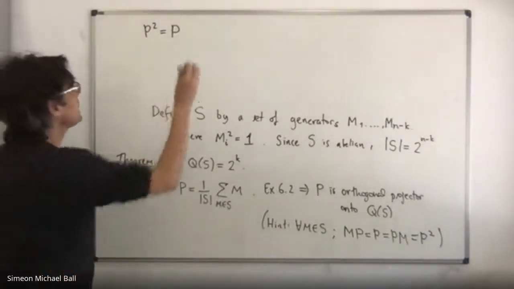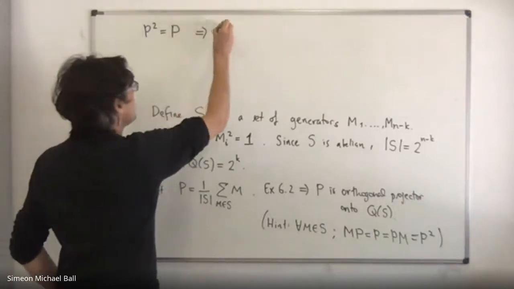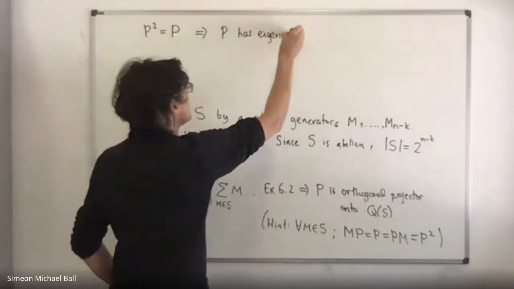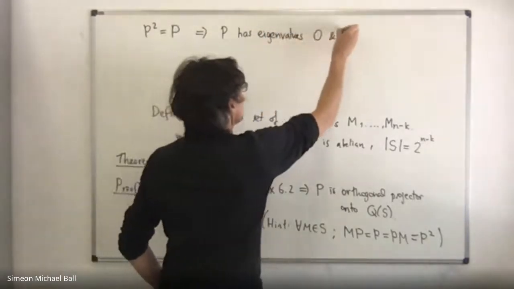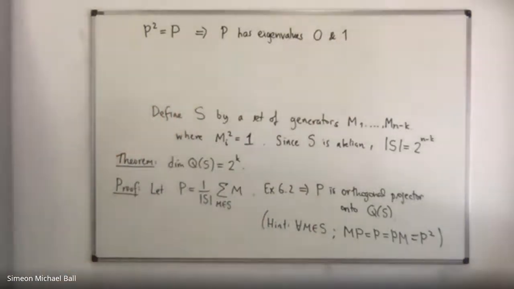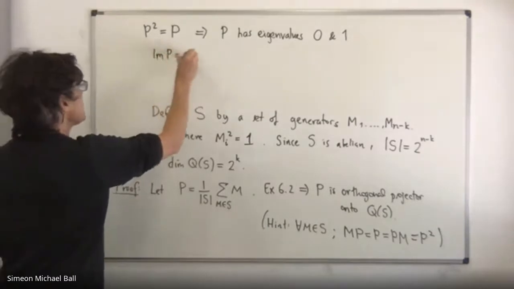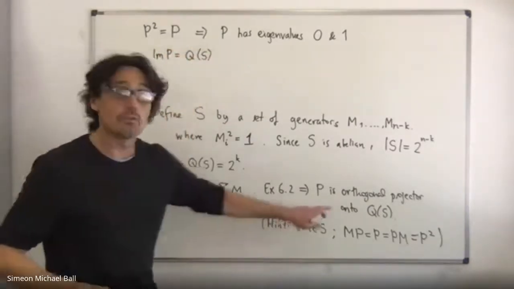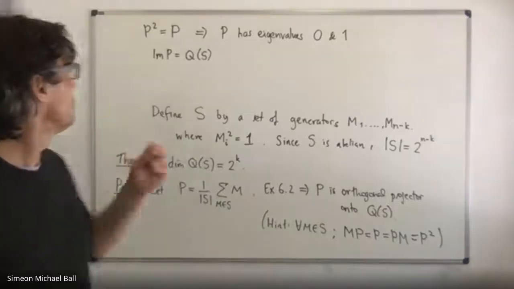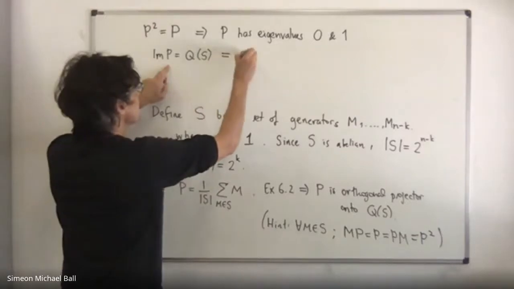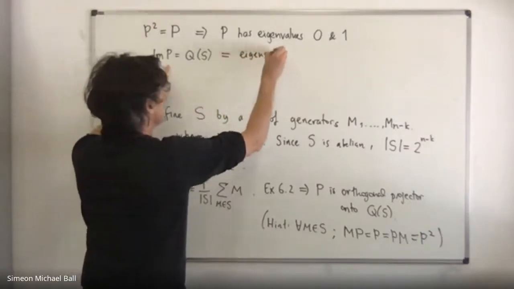P squared is equal to P, so that implies that P has eigenvalues 0 and 1. And so the image of P is Q of S, since P is the orthogonal projector onto Q of S. But the image of P is also the eigenspace of eigenvalue 1.